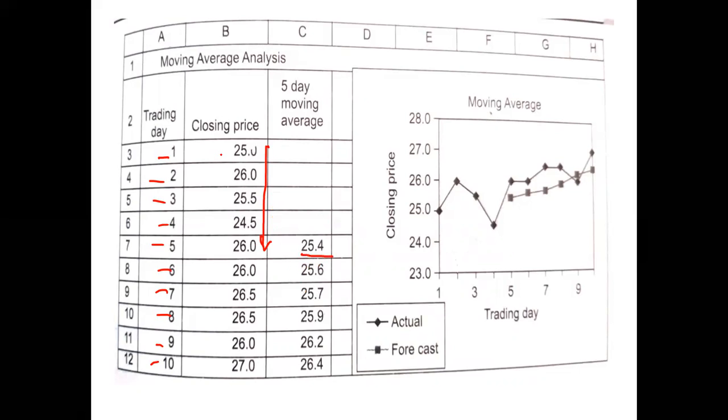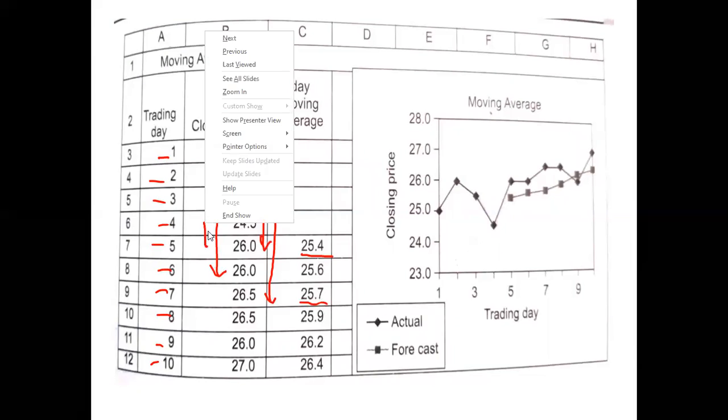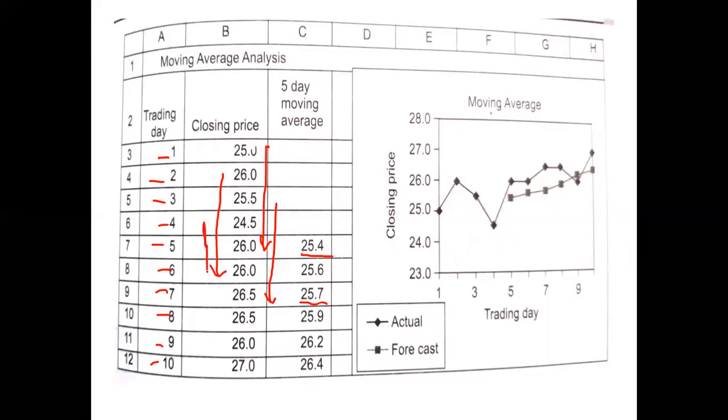Next, we leave the first one and take the next 5, then again divide by 5. Again we leave the first and calculate with the next 5 days, and again the average is calculated. Whatever number of days we are taking, we have to take that many days' data and divide by that number.